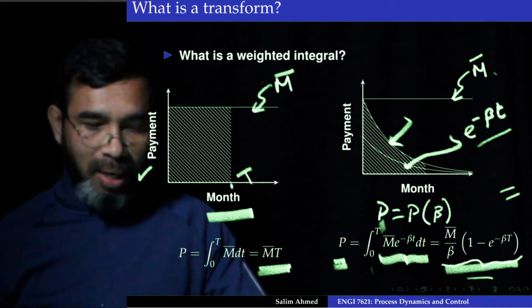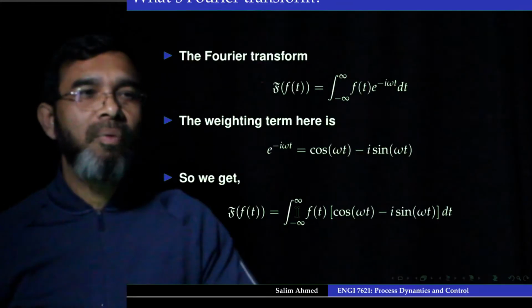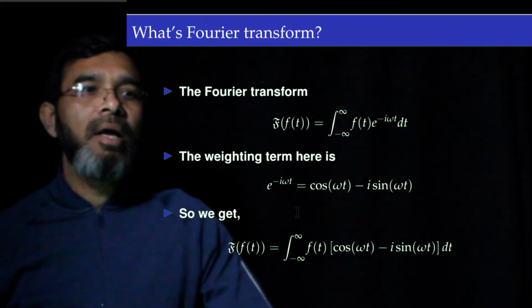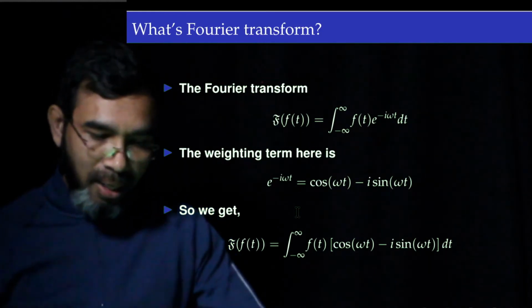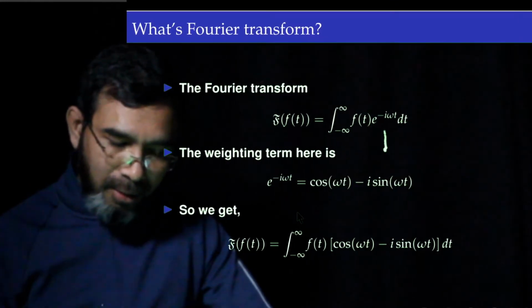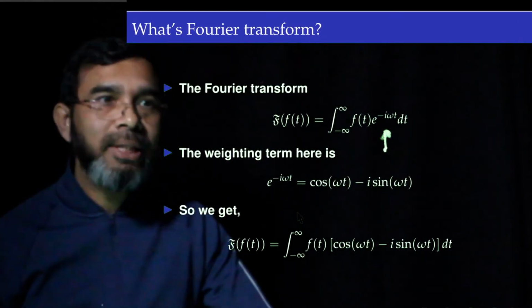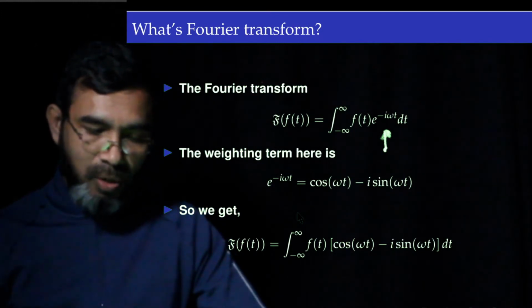Now let's take a look at one of the famous ones, which is called the Fourier transform. Now the Fourier transform is nothing but an integral transform where the weighting factor is exponential negative i omega t, where i is the imaginary number, square root of negative 1.